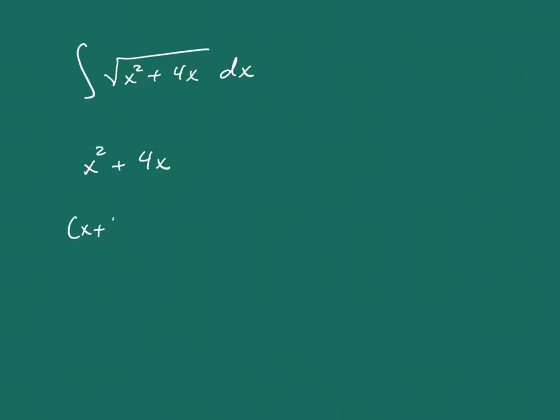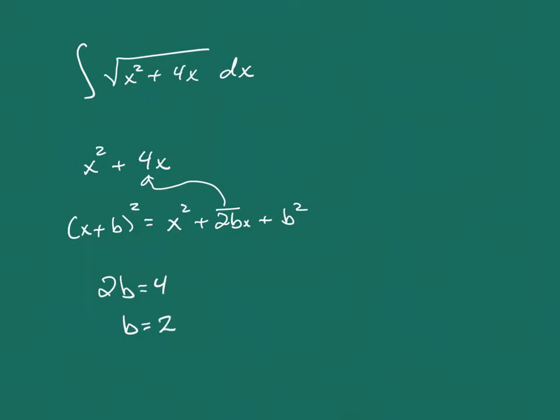If we had x plus b quantity squared, that looked like x squared plus 2bx plus b squared when we multiplied it out. Well, we are missing the constant here, so we put in a new constant. So the idea was that we took our 2b and we said that one was going to be 4. So if 2b was going to be 4, then that tells us that b is going to be 2.